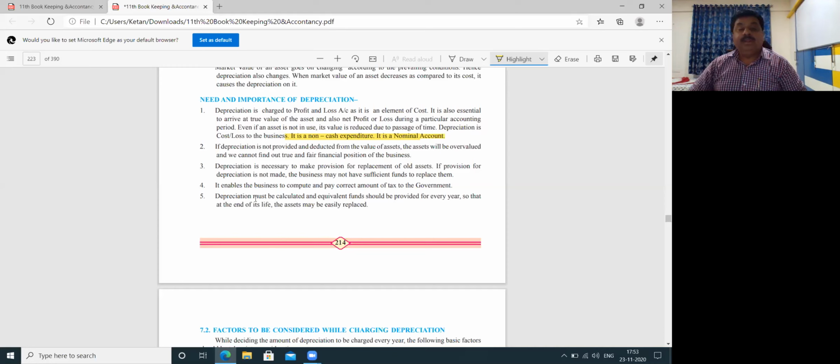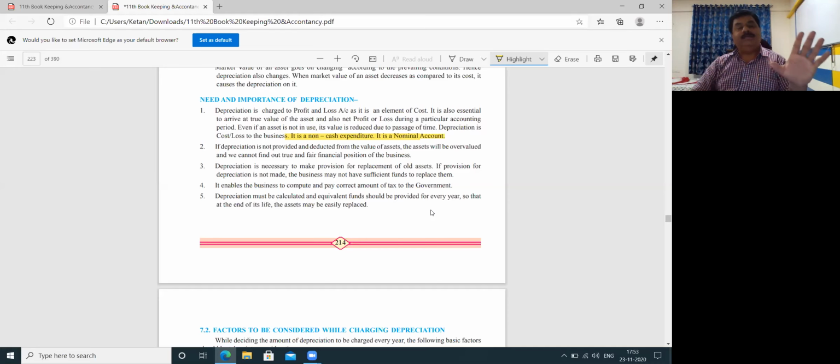Number 4, it enables business to compute and pay the correct amount of tax to the government. Yes, with the help of that you can show it as an expenditure. This non-cash expenditure you show in the profit and loss account, and your profit is reduced. As your profit is reduced, you can pay the income tax accordingly.